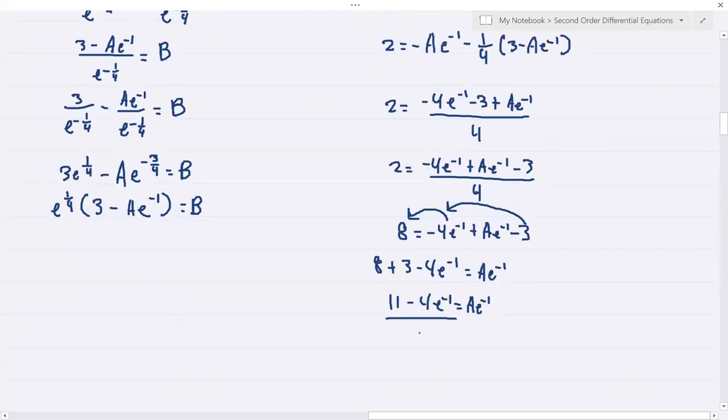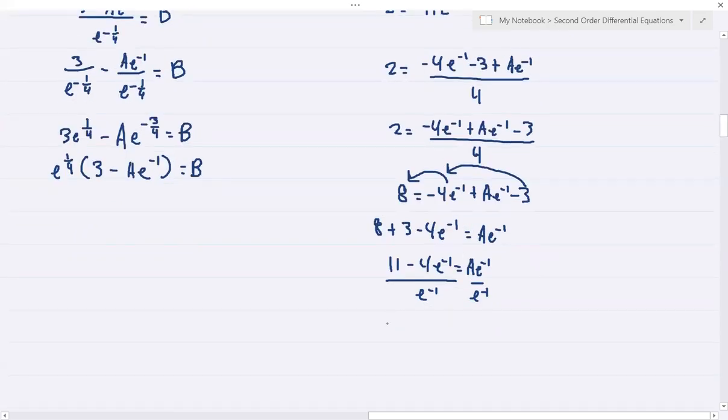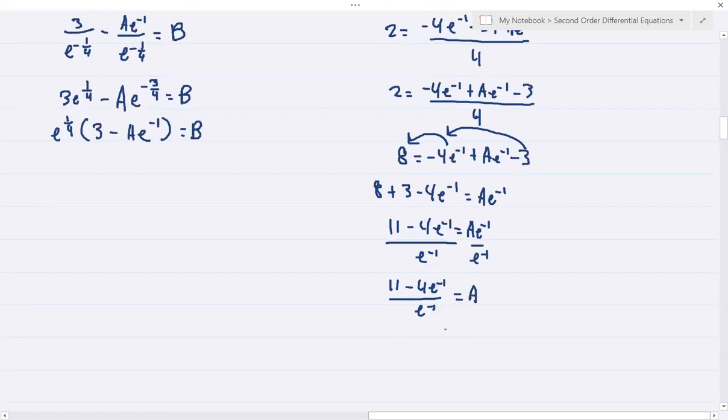So divide both sides by e raised to negative 1, we will have 11 minus 4e raised to negative 1 all over e raised to negative 1. And we can still simplify this one. So I will decompose this fraction into two fractions. So 11 all over e raised to negative 1 minus 4e raised to negative 1 all over e raised to negative 1.